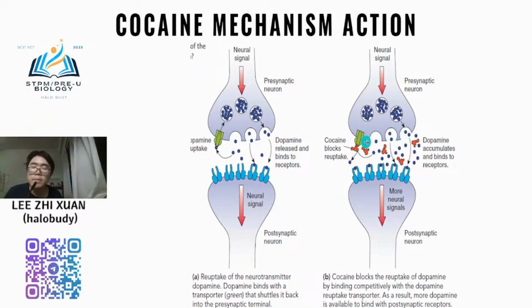But since you are already addicted to cocaine, there may be 20 or 30 dopamine in your synaptic cleft, and then it will trigger the action potential of the postsynaptic neuron by binding to the dopamine receptor here.